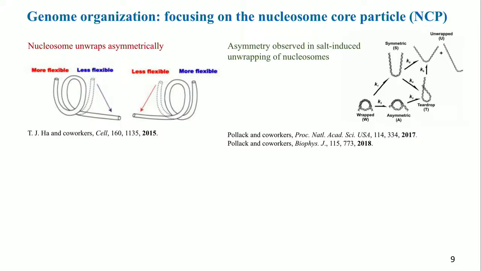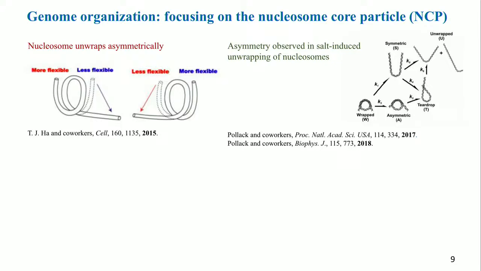If your DNA sequence is somewhat more flexible, it will accommodate this bend, and you require a much higher force to pull it out. But if your DNA end is less flexible, depending on the local DNA sequence, it will come off easily at a much lower force. So in other words, there is some kind of asymmetry.